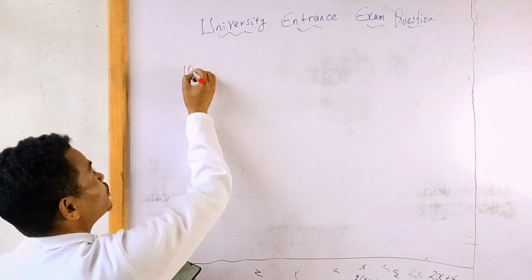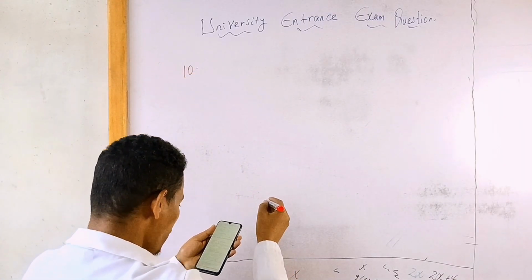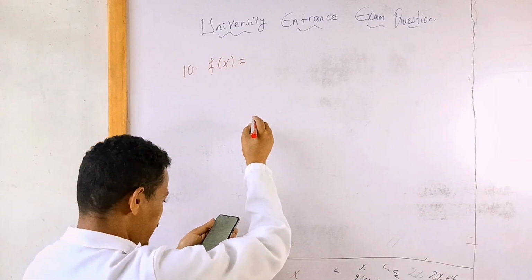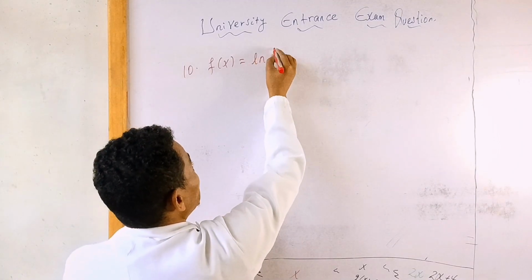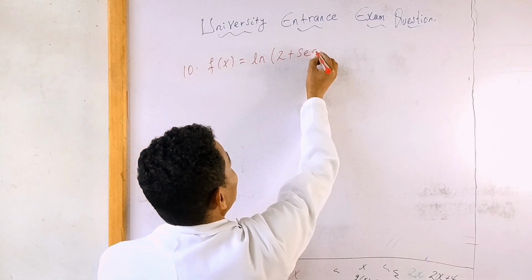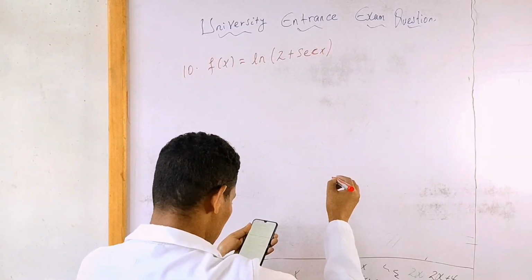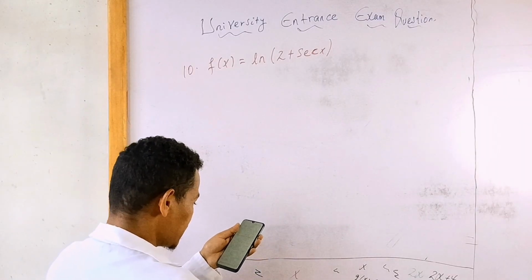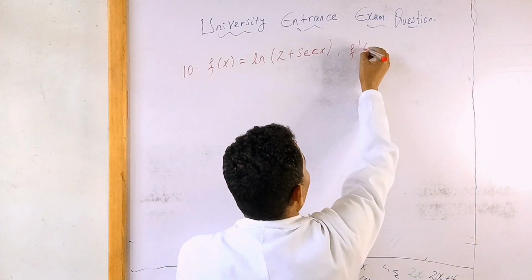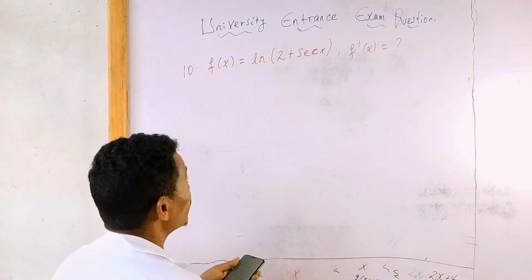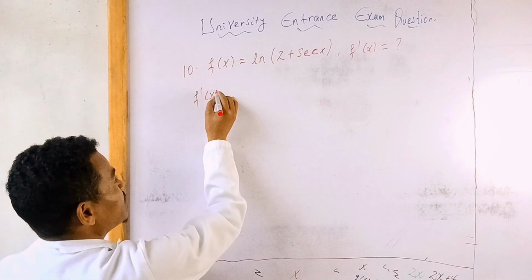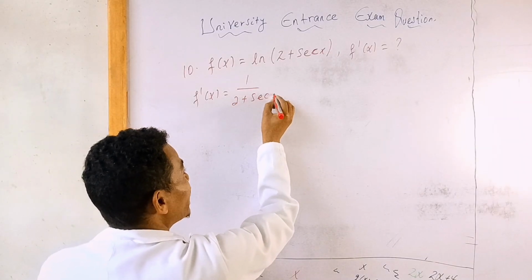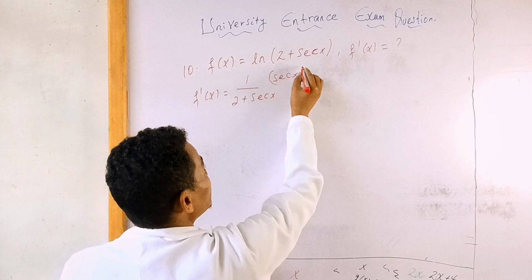Question number 10. If f of x is equal to ln of 2 plus sec x, then f derivative at x is equal to ይሆናል። So f derivative at x is equal to the ln derivative, that is 1 over 2 plus sec x times the sec x derivative.